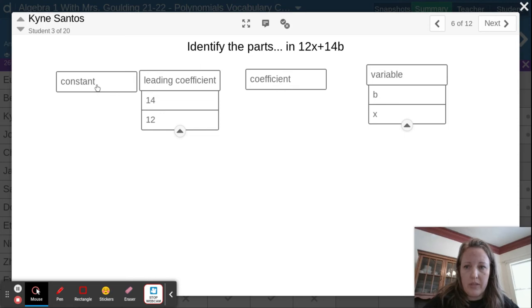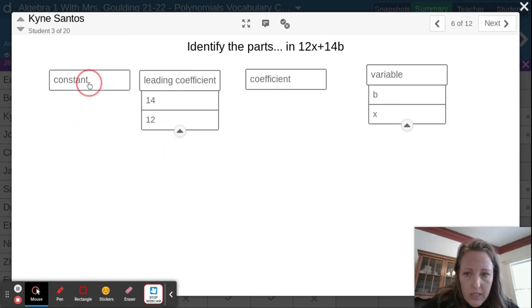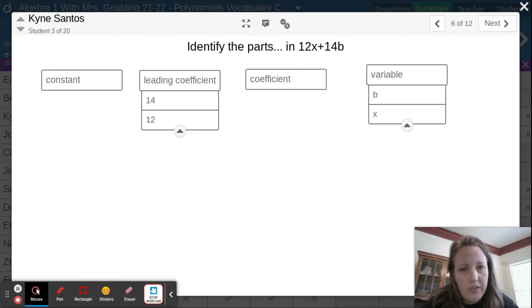Okay, constant. Again, you might want to put these in order from left to right. Well, that's an interesting one, isn't it? The constant usually comes at the end, but in this case, there's a coefficient of x and a coefficient of b. There's no constant, so this person's exactly right. Here's all that's going on. This person's very close, so the leading coefficient is the one that comes first, and that's a 12, right?